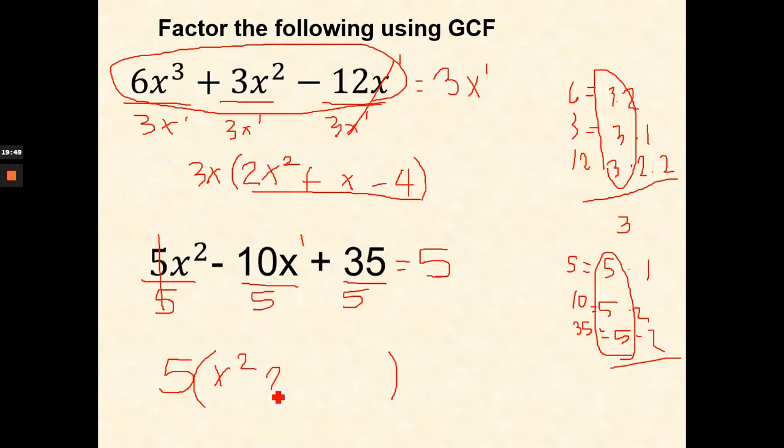That is 2x. Negative divided by positive? That is negative. Positive divided by positive, that is positive. What is 35 divided by 5? That is 7. So, these are now the factors of the given polynomial. 5 multiplied by the quantity x squared minus 2x plus 7.